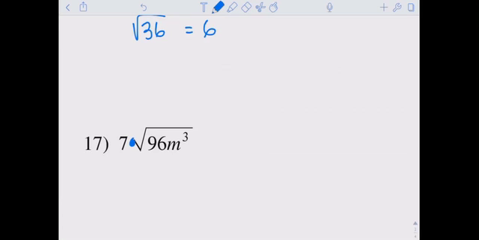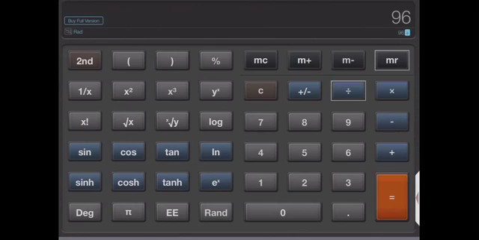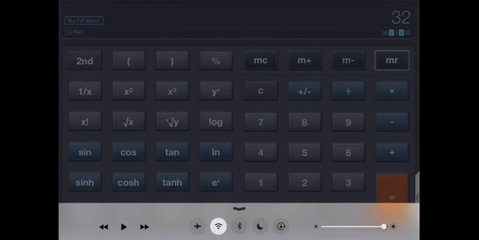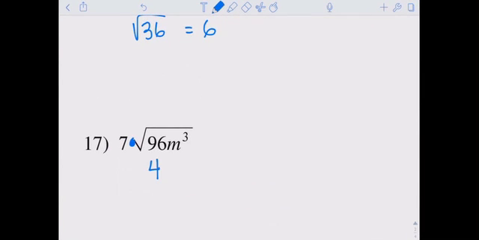3 goes into this, definitely. But let's think of another number. Well, let's do 3 and see what happens. 96. 32. So 32, for sure, what goes in 32 is 4. 4 times 8. So let's go back to here and go 4 times what? 7 times 4 times.